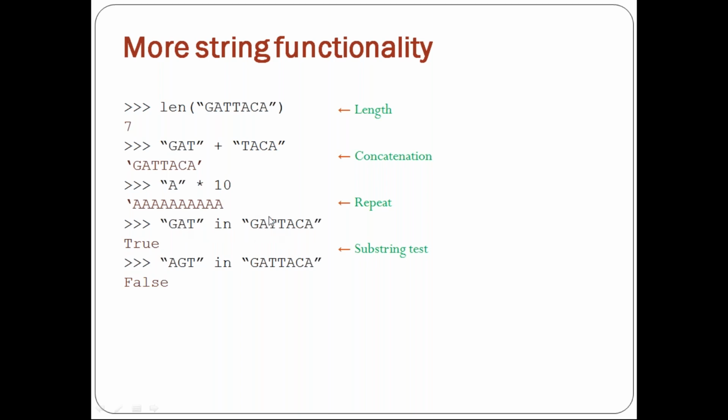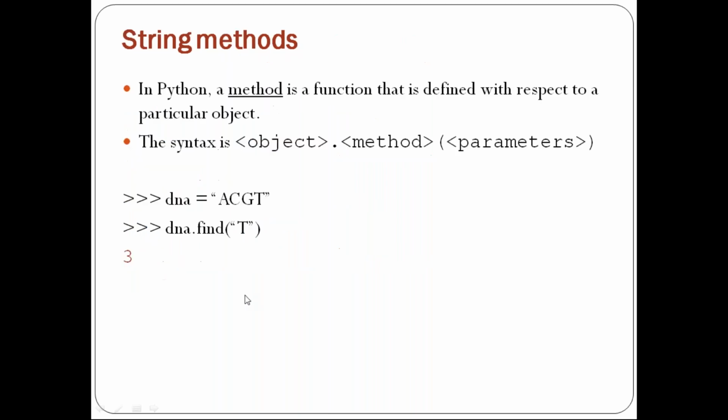GAT is available in this sequence, that's why it returns true, otherwise it would return false. And the find method returns the position at which the required argument is available in the sequence, otherwise it returns an error.